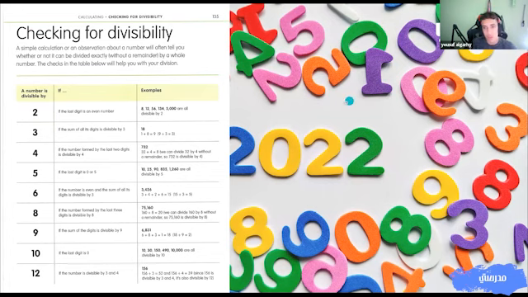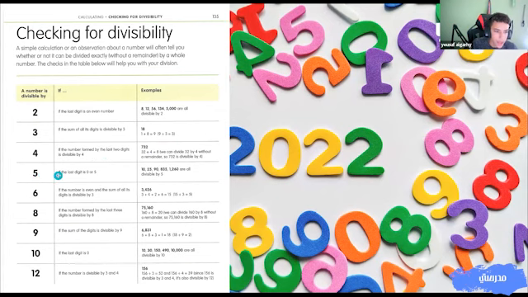Eight. You're right. 32 divided by 4 equals 8. Okay. So we can divide 32 by 4 without having a remainder, which means that 732 is also divisible by 4.